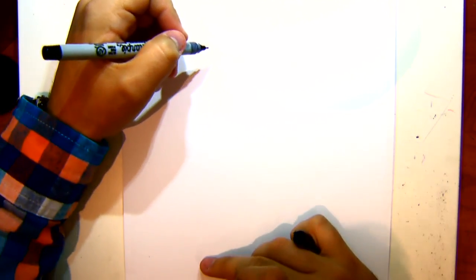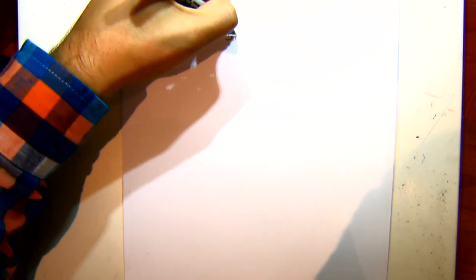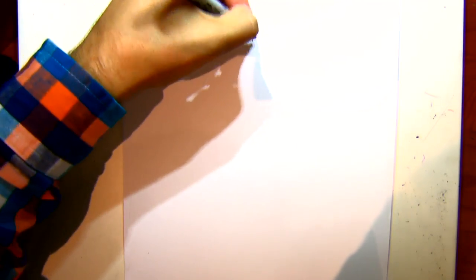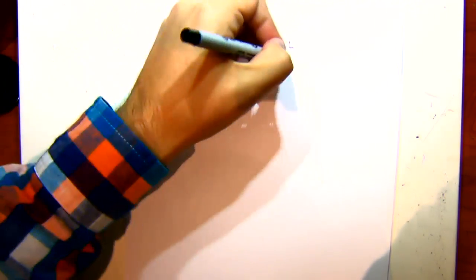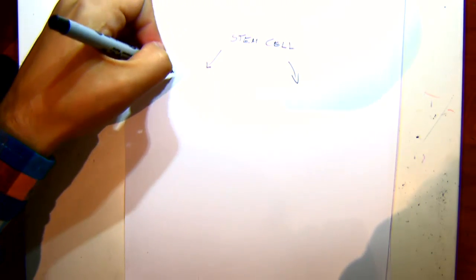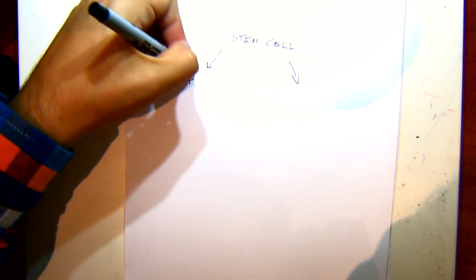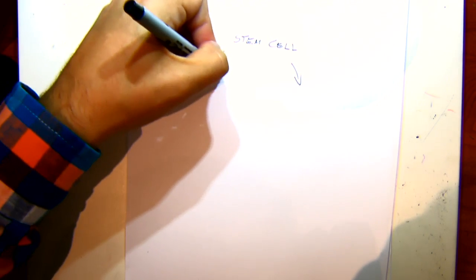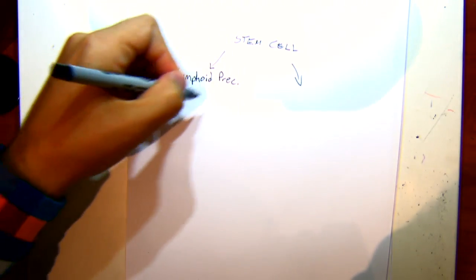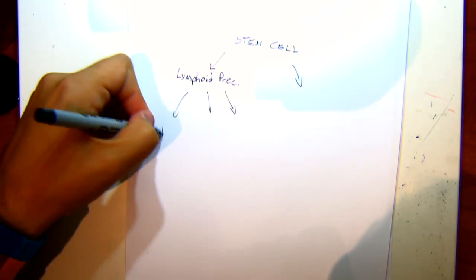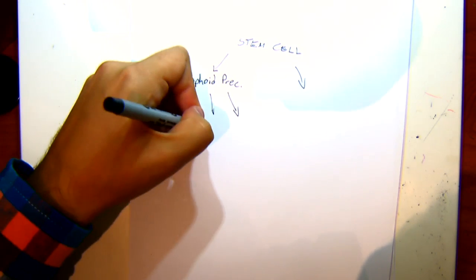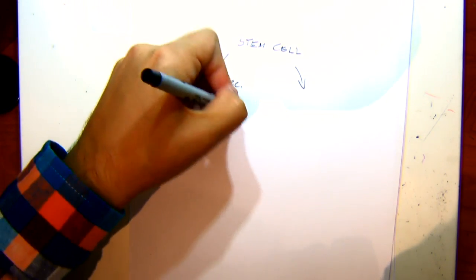There you go. Remember the hematopoietic tree, the one with all the different cells that you studied at the beginning of the class? You had the stem cell. You had the lymphoid precursor that gave rise to T cells, B cells, and NK cells.